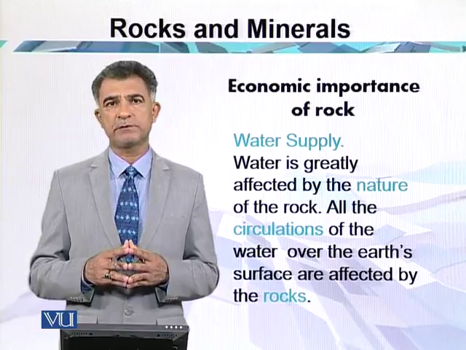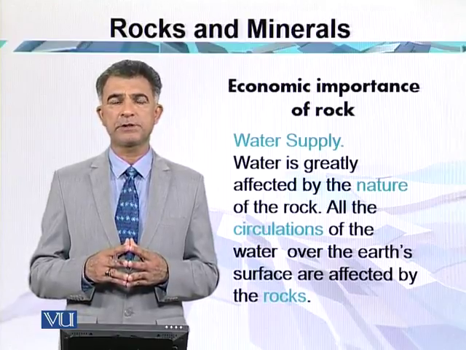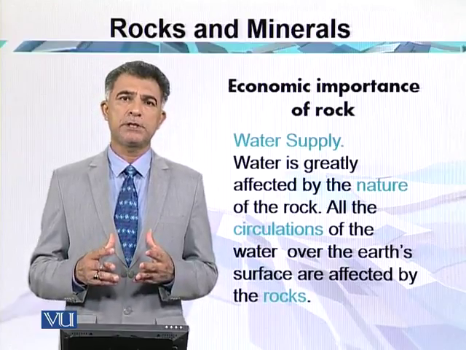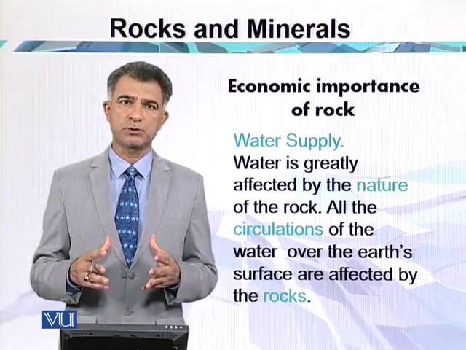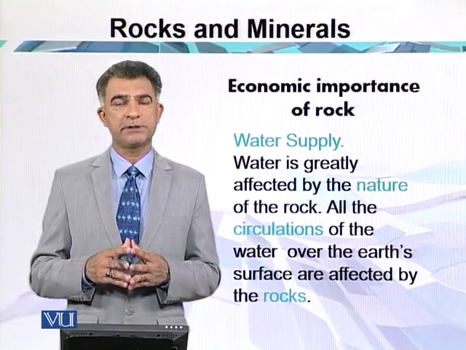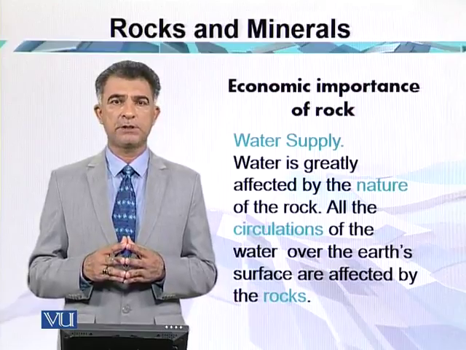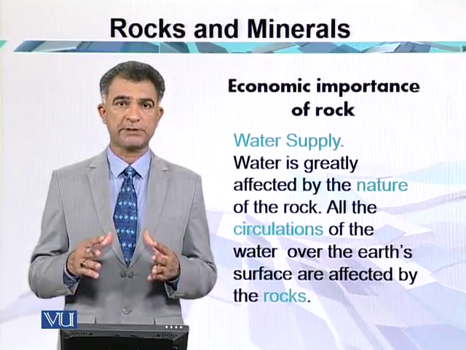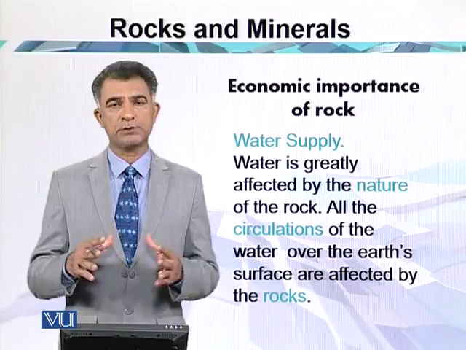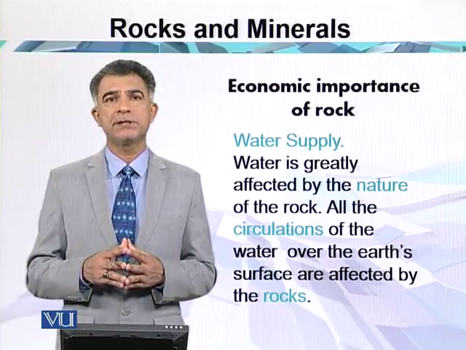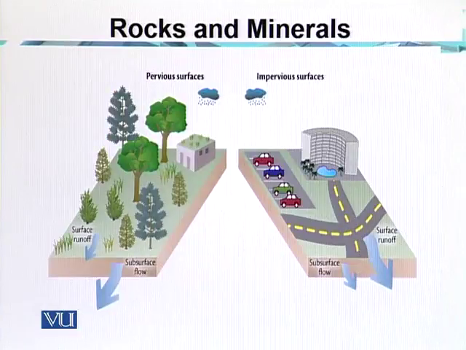those are the areas where we have the maximum seepage of the water. So runoff will not be that fast there because seepage will also be present. So that's why the structure of the rock controls the water supply. So this is an example of impervious surface versus pervious surface.